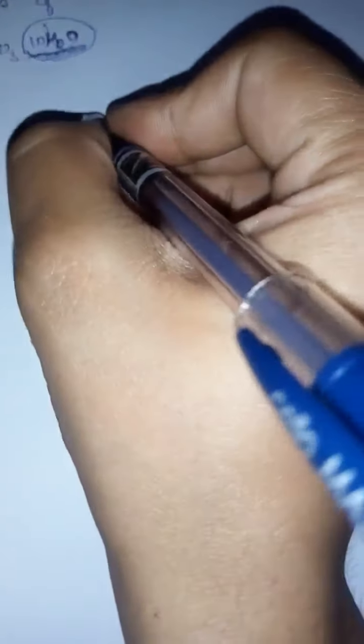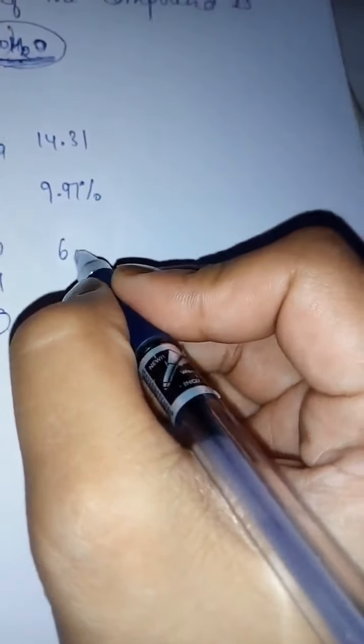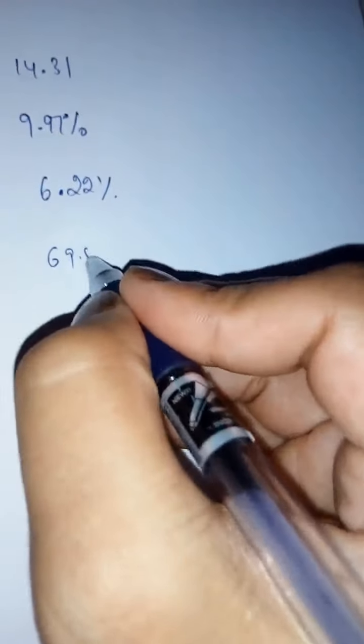Their percentages given in the question are sodium 14.31%, sulfur 9.97%, hydrogen 6.22%, and oxygen 69.50%. Atomic masses: we know that sodium has 23, sulfur 32, hydrogen is 1, oxygen 16.